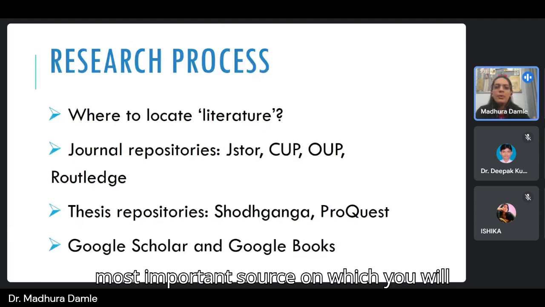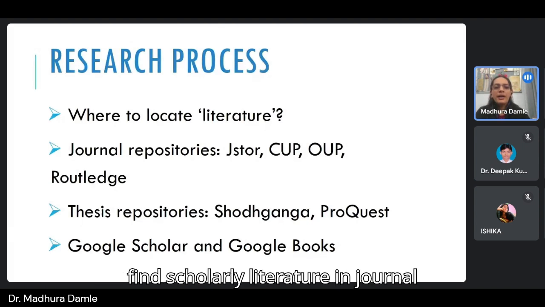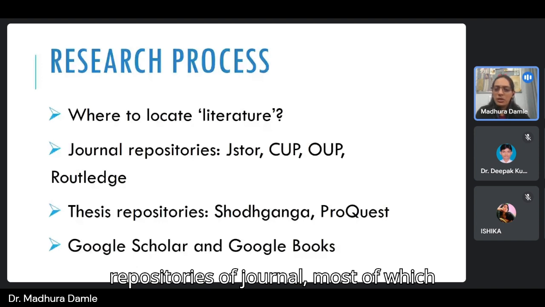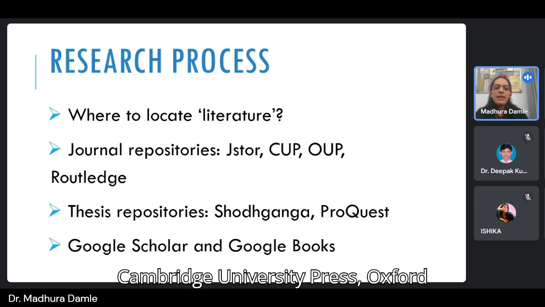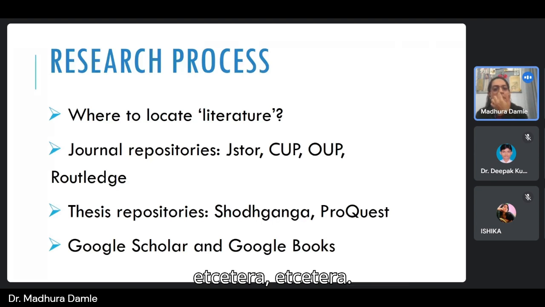One of the most important sources for scholarly literature in journal articles is the various repositories of journals, most of which are now available online. JSTOR is one prominent among them. Apart from that, there are many such journal websites or repositories of Cambridge University Press, Oxford University Press, Routledge, Sage, etc.